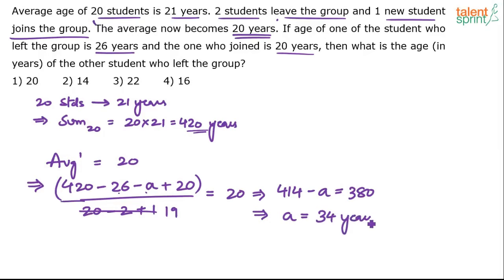What is wrong? It's not there in the options. Hold on. There are 20 students, the average is 21 years. So the sum of the ages will be 20 times 21, 420. 2 students have left the group.